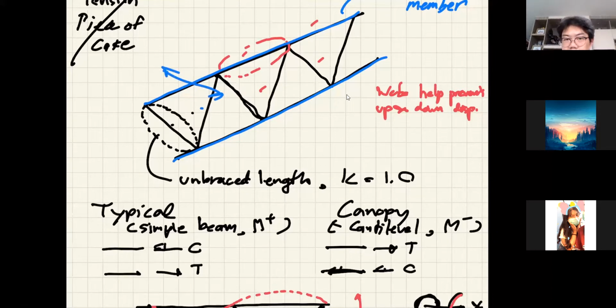The only help in restraining the movement of the truss, when you look at the top view, will only come from your purlins.